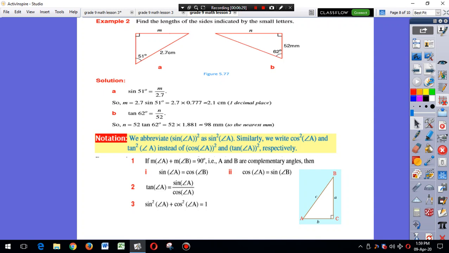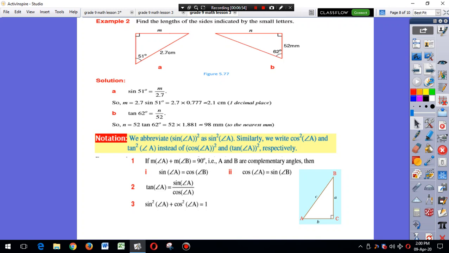In the second question B, the side indicated by the small letter is n, the angle is 62 degree and the adjacent is given. So when we come to the solution part, in the first question A, the hypotenuse and one of the angles are given, and we are looking for the opposite side.